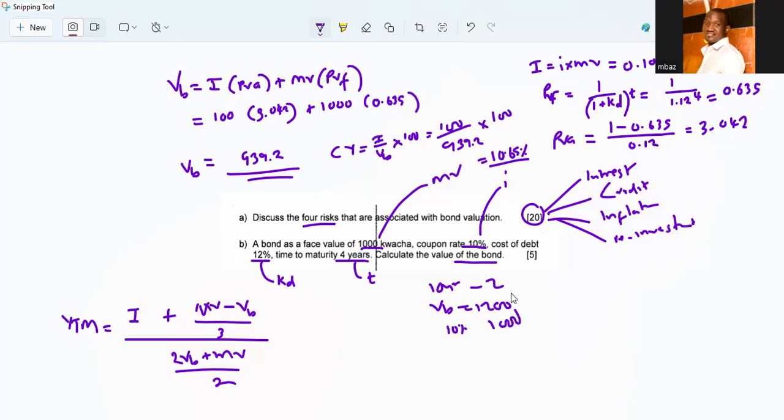Here the coupon interest is 10% of 1,000, so you put 100 there. The selling price of the bond is 1,200. Sorry, this is N. N is a 10-year bond issued after 2 years, so you put 8 there as the period. The rest is found in the formula here.